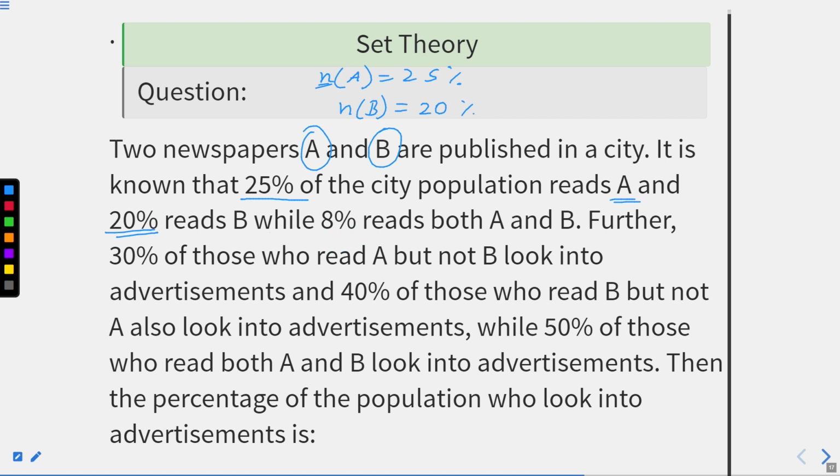Now what? 8% of people read both A as well as B. That means the number of people who read A intersection B is equal to 8%.